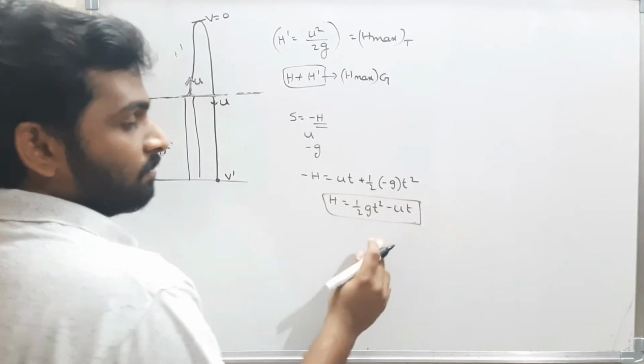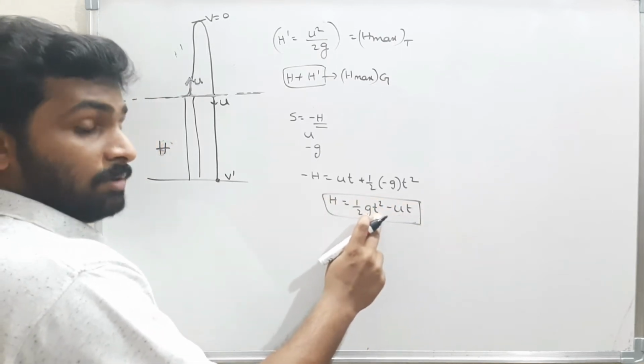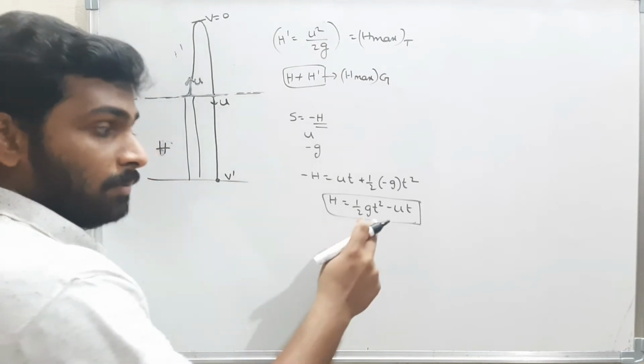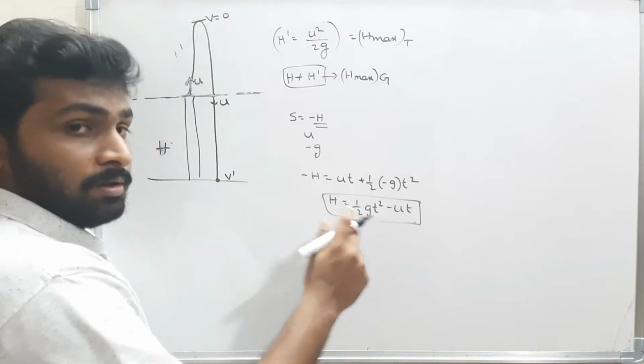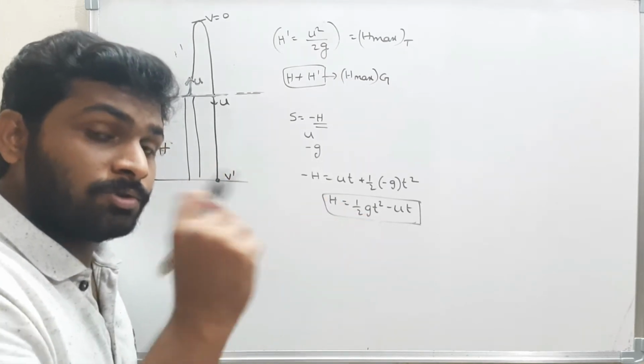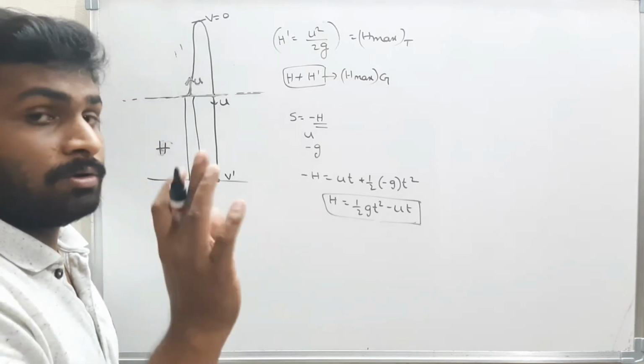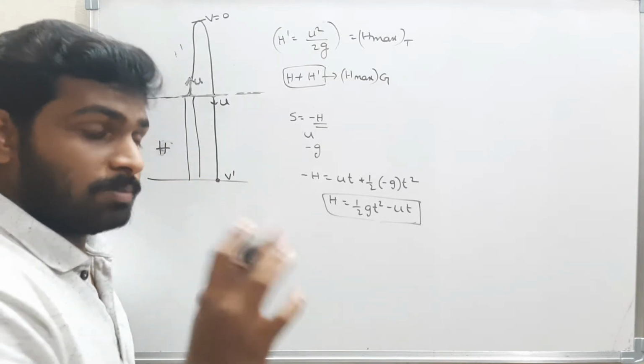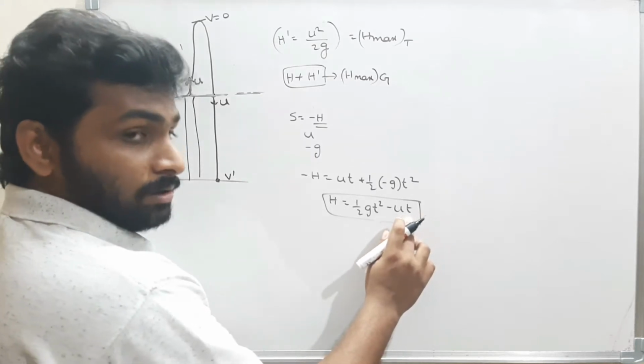This is the equation. If I find the time from this equation, I get two roots for the time. One root will be negative and one root will be positive. You should always take the positive root. Negative time won't be possible. Therefore, from here I will get the time.